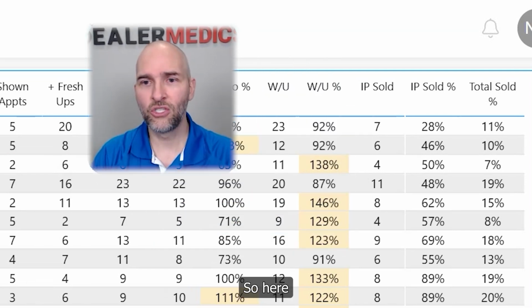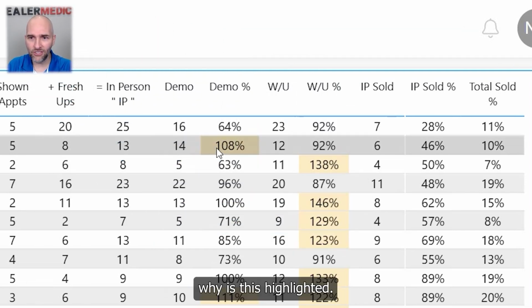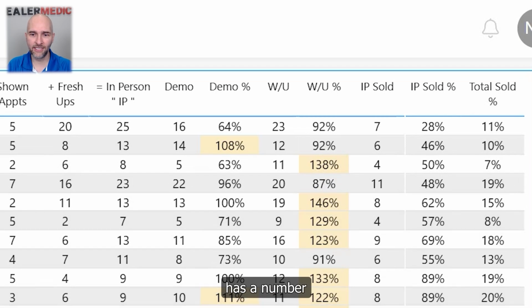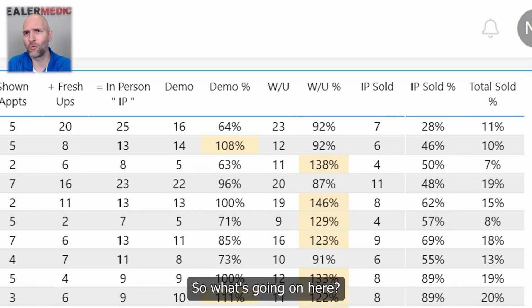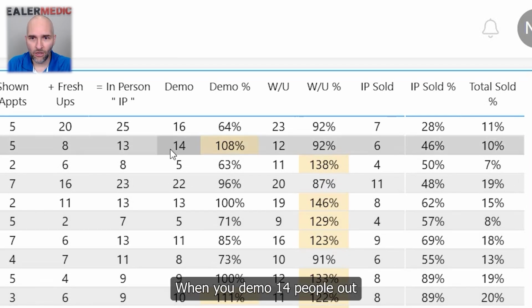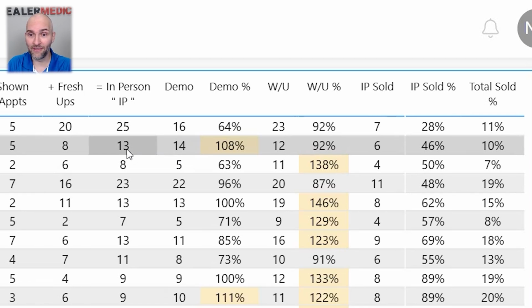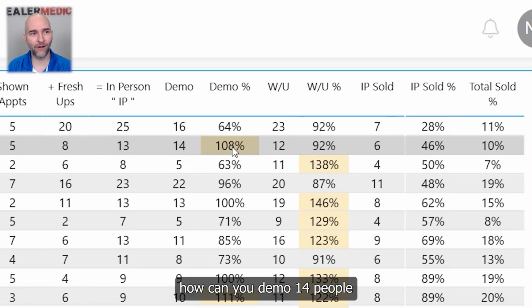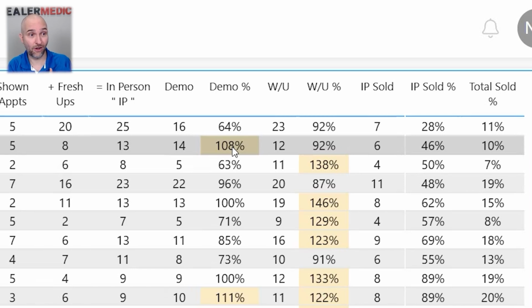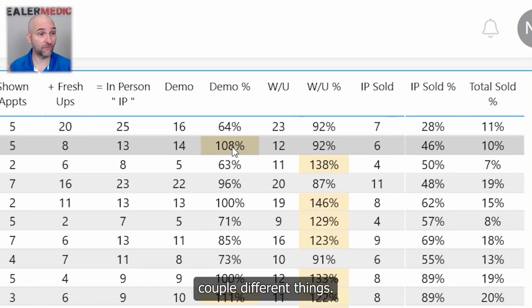Okay, so here, why is this highlighted? You're gonna notice that every single highlighted number has a number higher than 100%. So what's going on here? Well, let's find out. When you demo 14 people out of a maximum of 13 people in front of you, 14 out of 13 is 108%. So how can you demo 14 people if you only saw 13? Now, it could be a couple different things, all right?